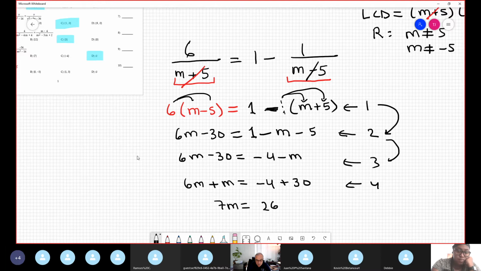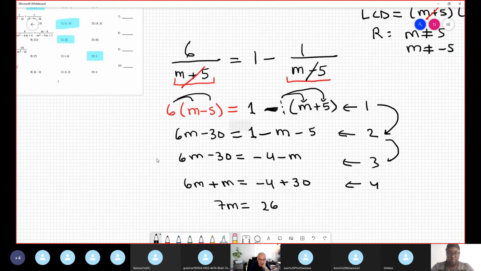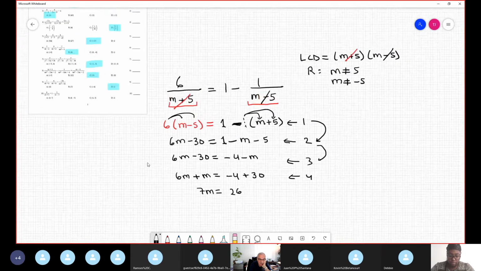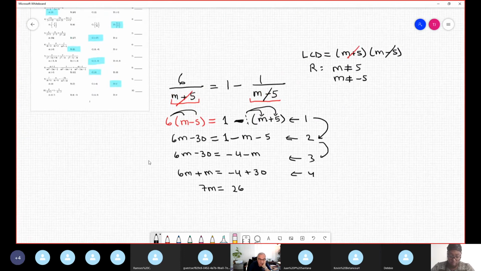I move this to the other side. I don't see the mistake. Who helps me to see the mistake? Nobody? Well, according to my calculations, I put 1 minus 5 and it equals -4. I did that, no? Look at that: 1 and -5 and -4.